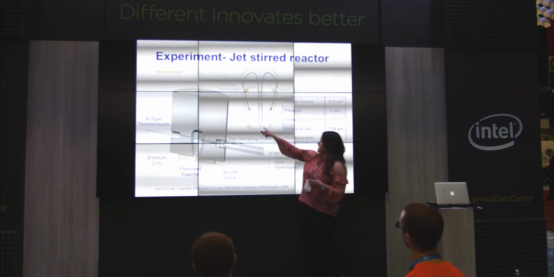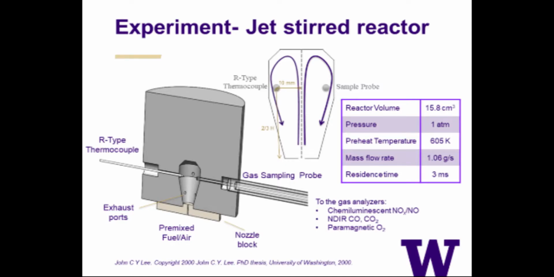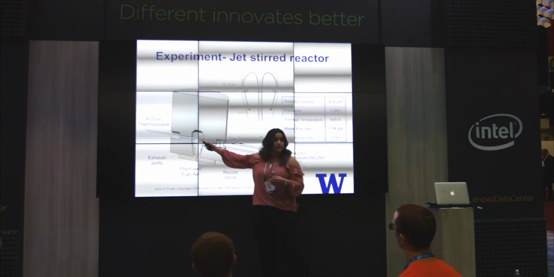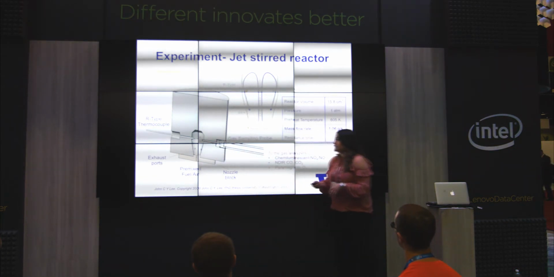And once they enter the reactor, they go through a whole recirculation zone. Any particle entering will leave the system after 3 milliseconds. We measure the temperature inside the reactor with a high temperature R-type thermocouple, and we also measure the samples from inside the reactor.